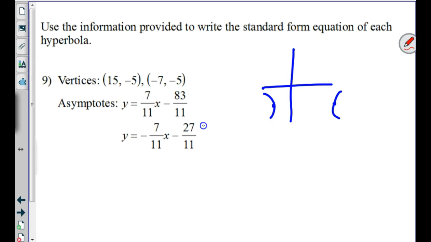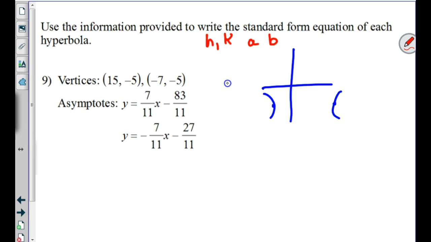To be able to find the equation, we need the center. We need to find H, K, A, and B, right? Okay. Anybody know one of those yet? Yes, we have the vertices.